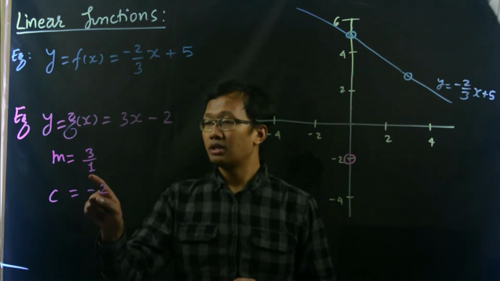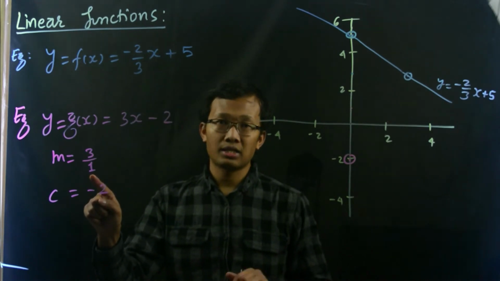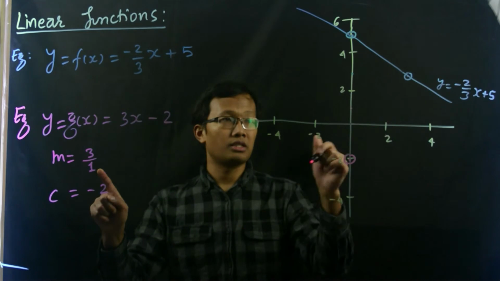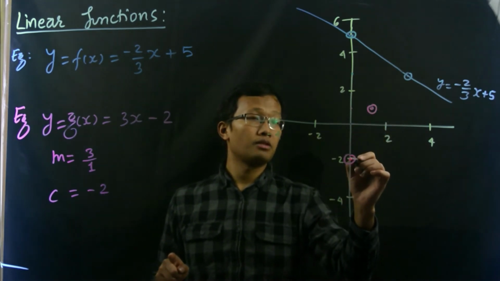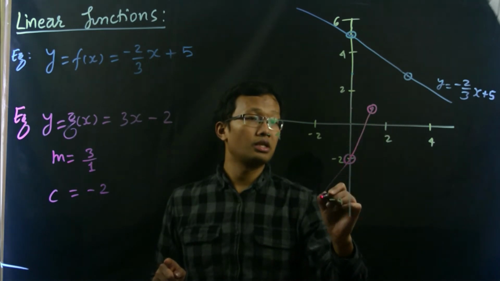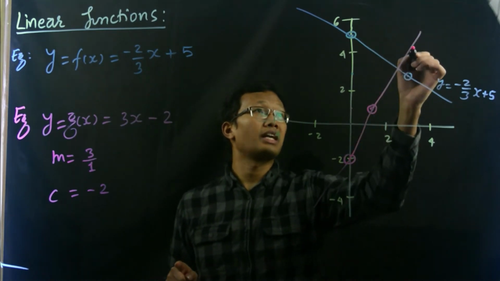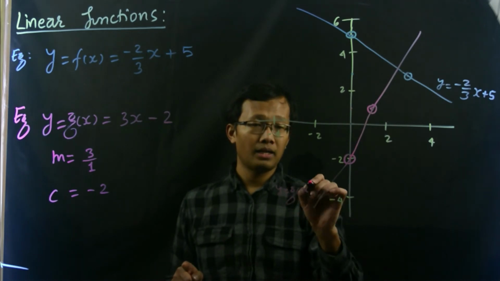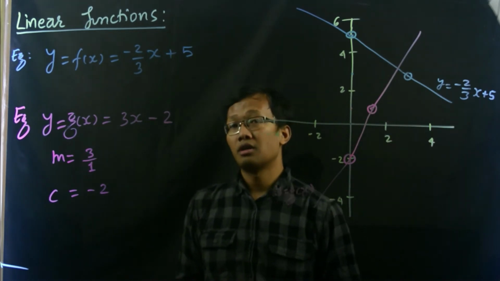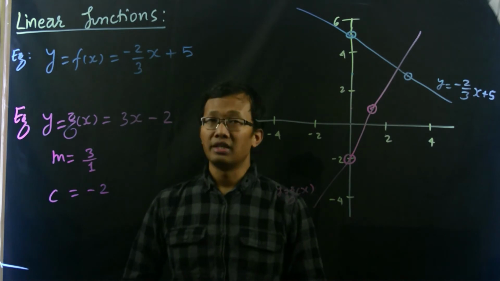Then in the denominator we have 1, that's 1 unit in the horizontal distance. So this would be another point. Join these two points. Thus we got another straight line, which is given by y equals g of x. That was y equals f. So this is the way you graph linear functions.